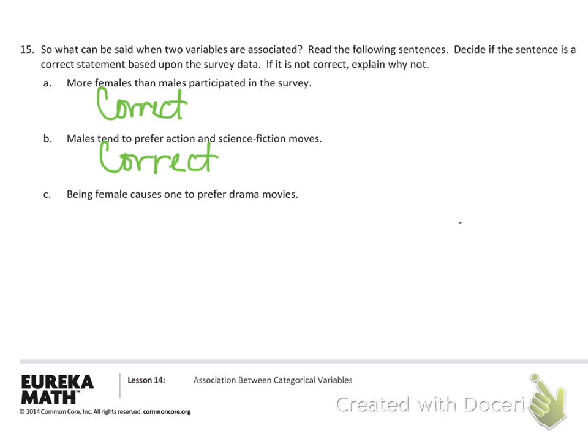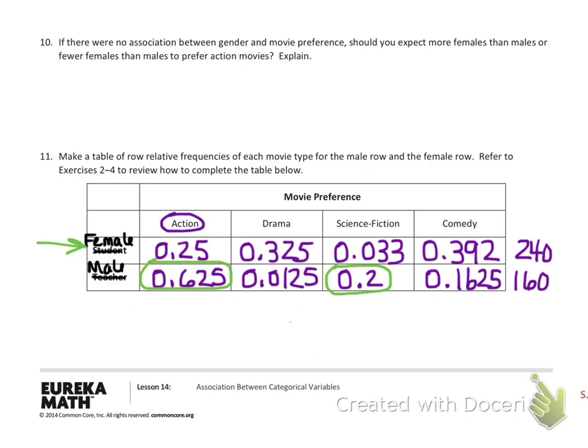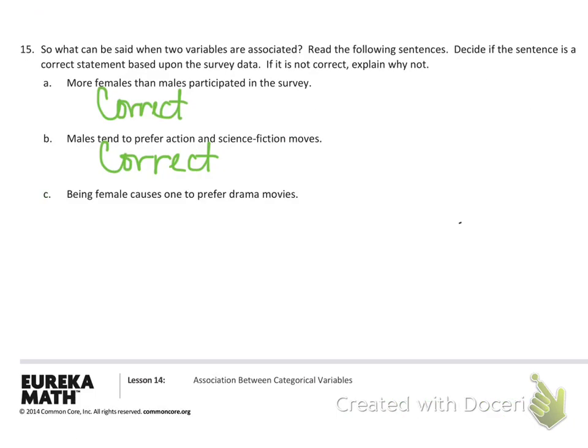Being female causes one to prefer drama movies. Okay, well, more females than males preferred drama by a long shot. However, one of the things we talked about when we were doing scatter plots is association does not imply a cause-effect relationship.